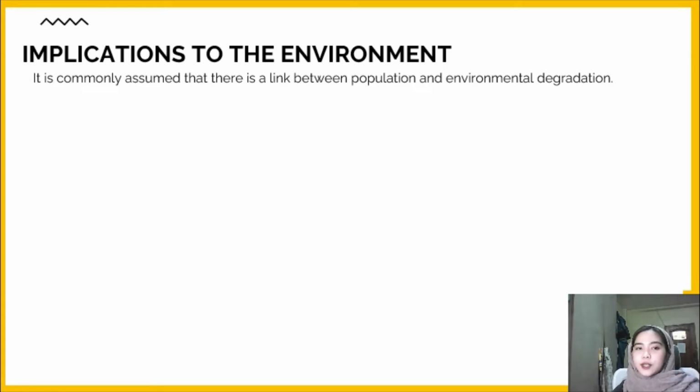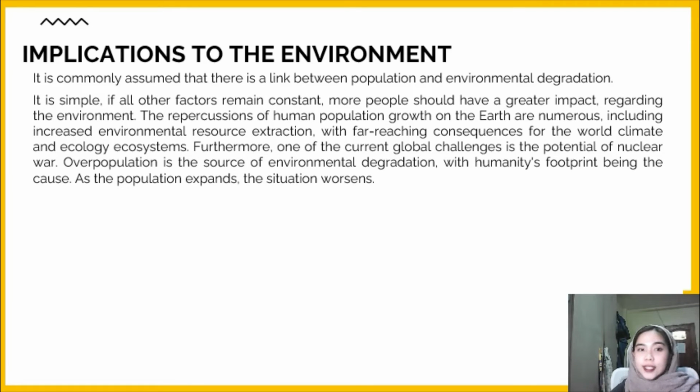Now let us move on with the implications to the environment. It is commonly assumed that there is a link between population and environmental degradation. It is simple: if all other factors remain constant, more people should have a greater impact on the environment. The repercussions of human population growth on Earth are numerous, including the increase in environmental resource extraction, with far-reaching consequences for the world climate and ecological systems.